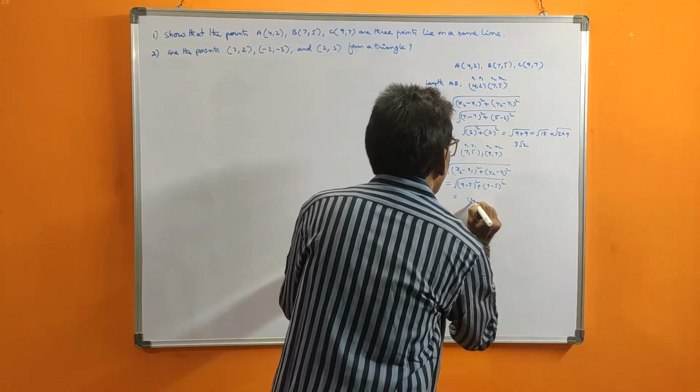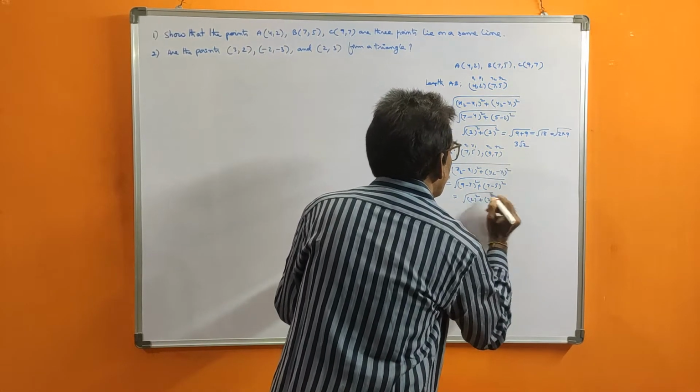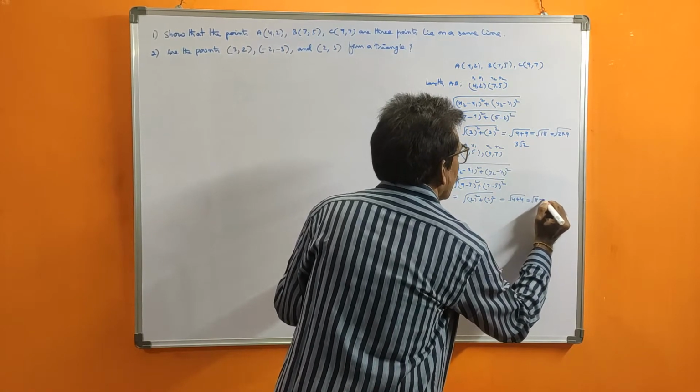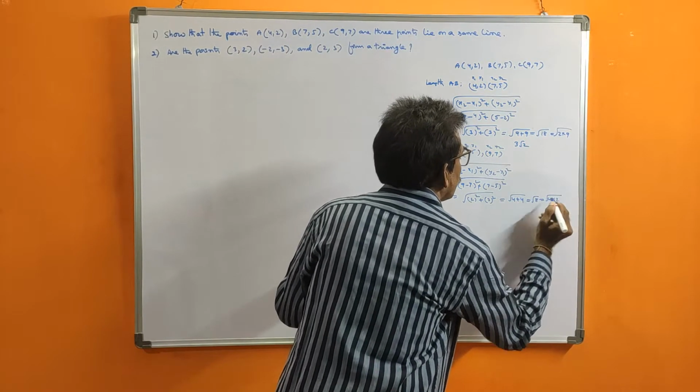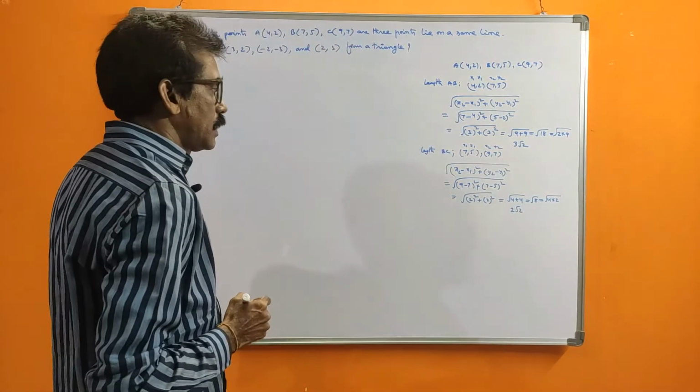So this is 2 square, this is also 2 square, 2 square is 4, so root of 8. We can write this as 4 into 2, meaning 2 root 2, because root 4 is 2.